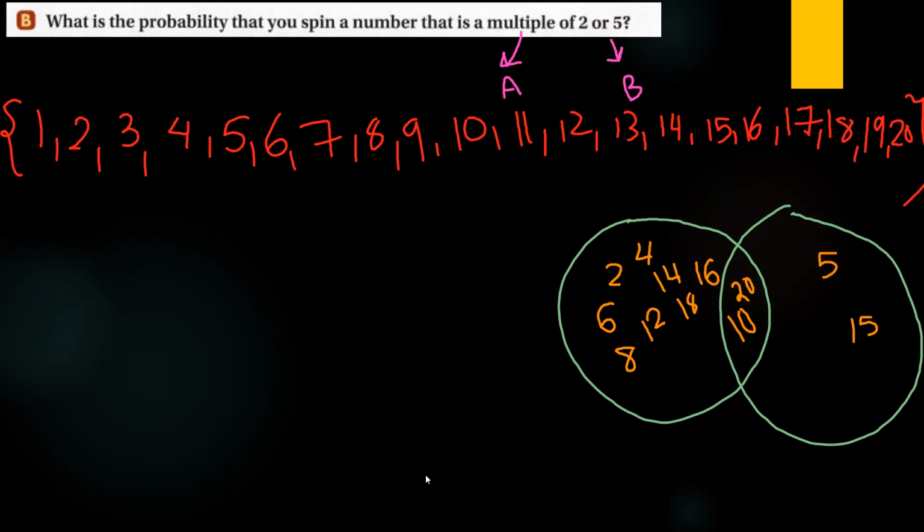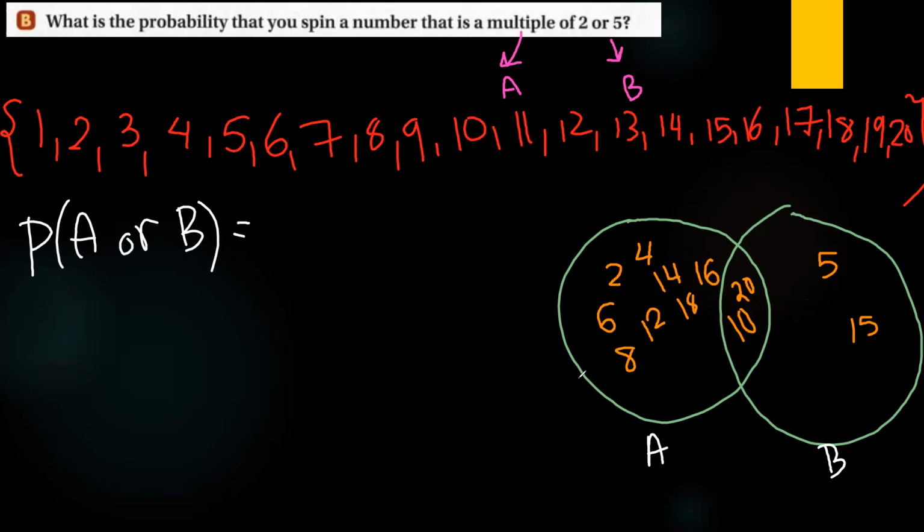So from here, this is event A, and this is event B. Now, what is the probability of getting A or B? That is, getting a number that is a multiple of 2 or a multiple of 5.